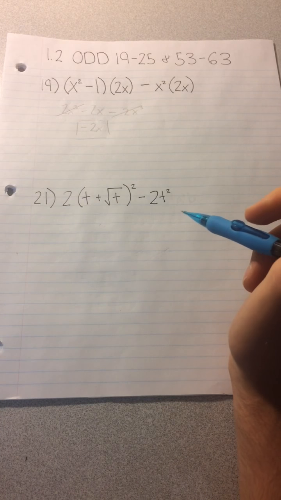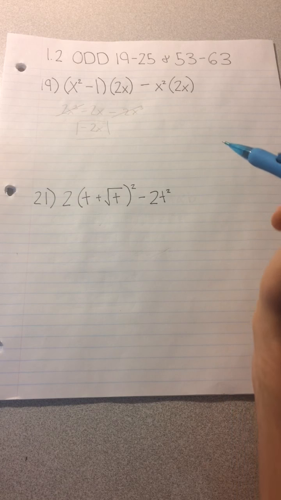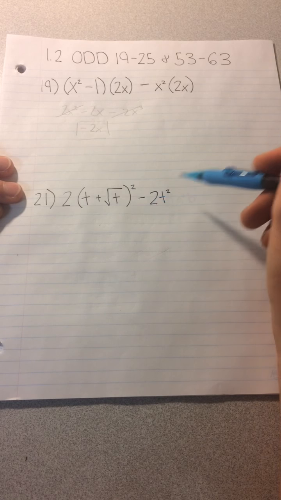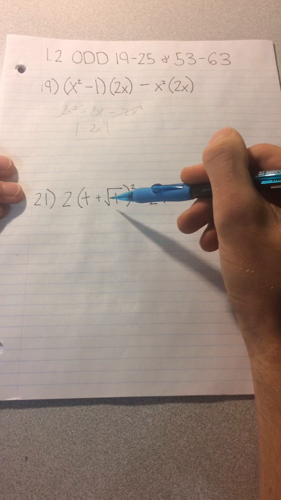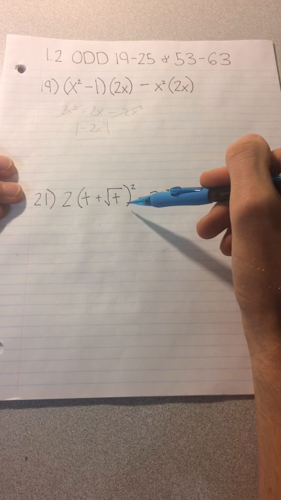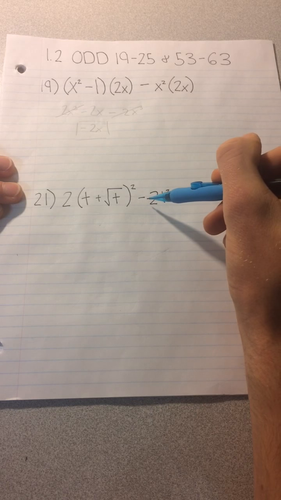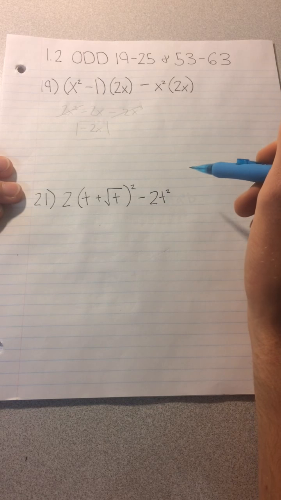Our next question, number 21, also asks us to simplify the expression, and the expression given is 2 multiplied by (t plus the square root of t) all to the power of 2 minus 2t to the power of 2.